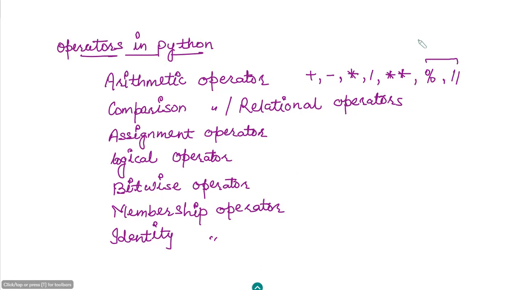Suppose I take one example for arithmetic operators. Suppose A is having 5 and B is having 4. If I apply the plus operator, what will be the answer? The answer will be 9.